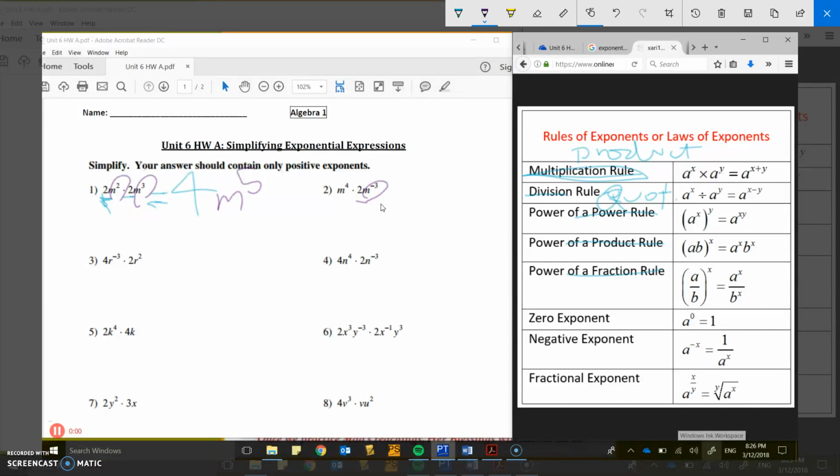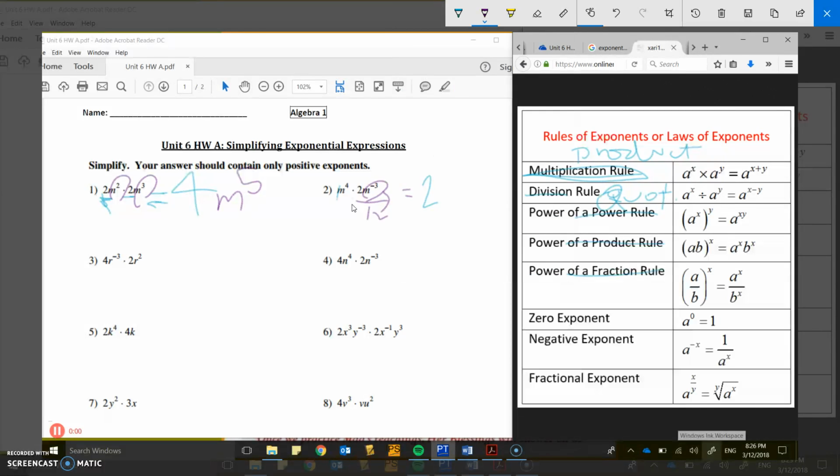So this is currently secretly over 1, so you're going to bring it down. And remember that the negative 3 only applies to the m. If it also applied to the 2, then there would be parentheses around it. So 2 times 1, remember there's a secret 1 in front of here. 2 times 1, 2.